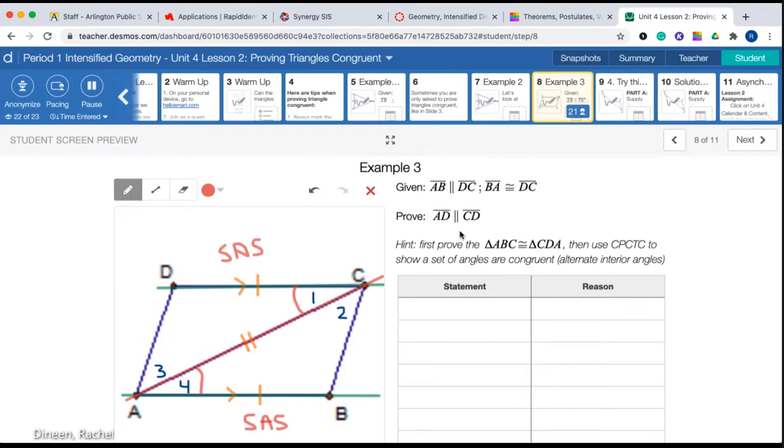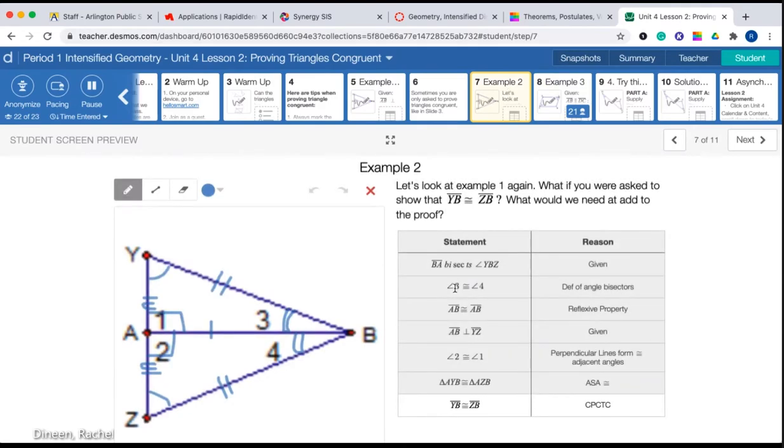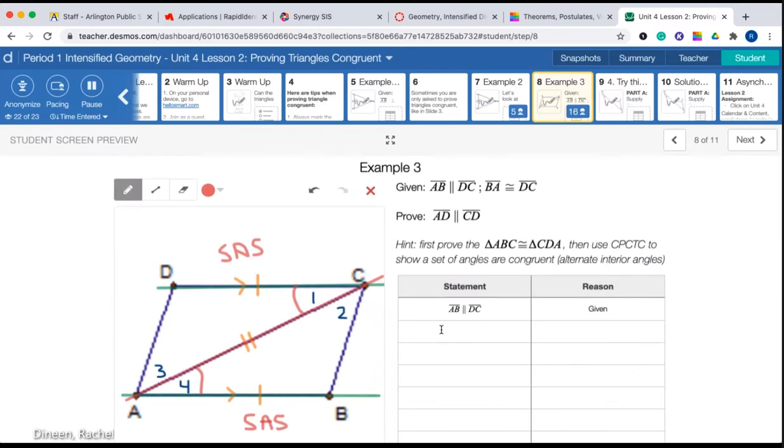So first, let's go ahead and we can start with our given. AB is parallel to DC, and that is given. Okay? Because they are parallel, we were able to say that, do I have an angle symbol here I can copy? No. I'm going to go back and copy the angle symbol from the previous page, if you want to do that too.